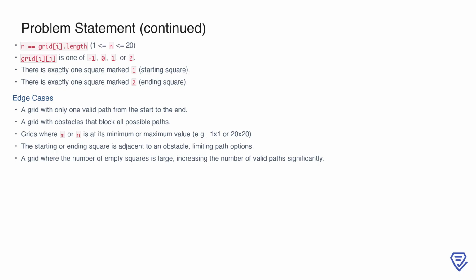Some edge cases to keep in mind include grids where obstacles block all possible paths, making it impossible to find a solution, or grids with only one valid path due to limited movement options. Additionally, the problem complexity can increase significantly when the grid is large and contains many empty squares, as this leads to a greater number of potential paths. By carefully considering these constraints and edge cases, you can better design an efficient solution to this problem.